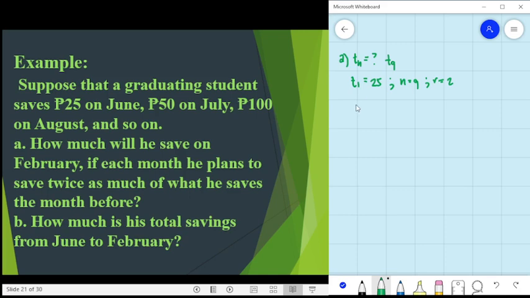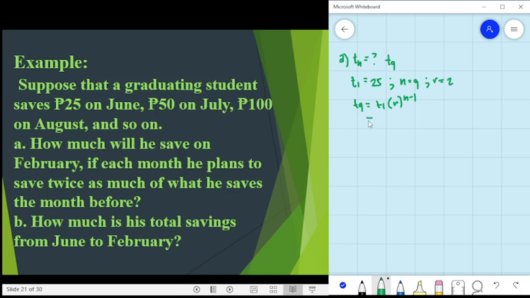So from here we have t sub 9 is equal to t sub 1 times r to the n minus 1. So, aning part, you need to have the calculator na siya, kay exponent na ni siya.